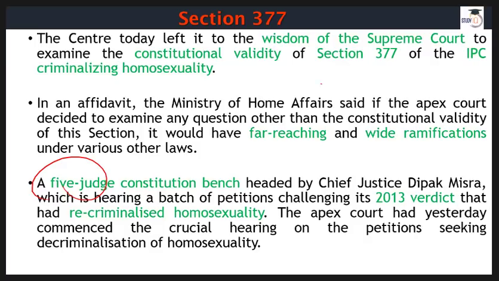At present we have talked about this thing, but very briefly I would like to tell you that section 377 is of Indian Penal Code, and basically it criminalizes homosexuality. It is also termed as a draconian law or Victorian law. In England at present this law is basically outdated, but in our country it's still going on. So let's wait and watch. Let's see what Supreme Court has to say about this thing.